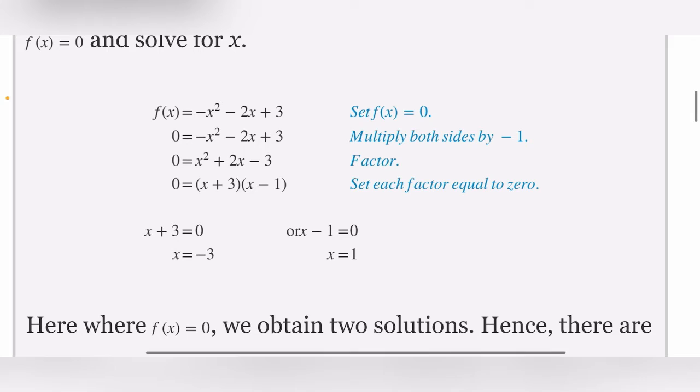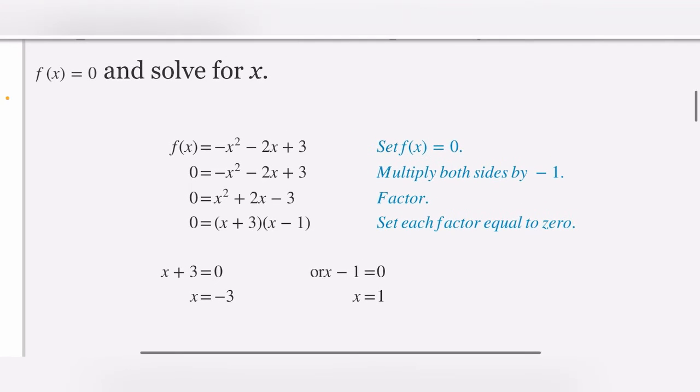This equation, we can factor into two brackets, which are x plus 3 and x minus 1. What do we do with the two brackets? Factoring.